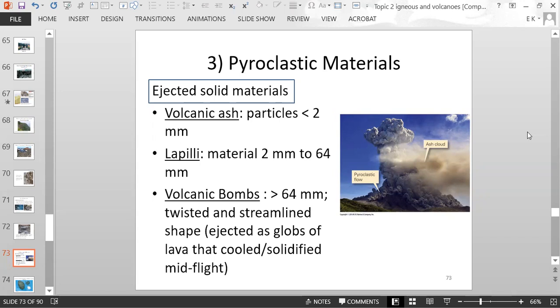And volcanic bombs are a twisted and streamlined shape because they form as blobs or globs, whichever word you like better, of lava that are ejected out of a volcano, and then they solidify and harden as they fall to the ground. So it's almost going to be like a water droplet shape that hardens and solidifies as it falls to the ground.